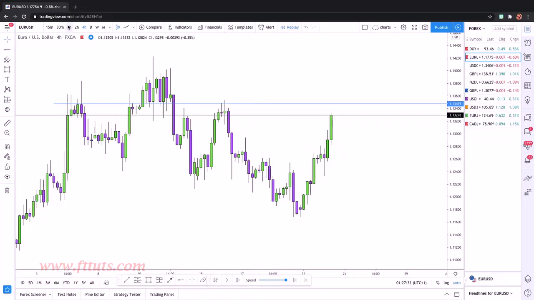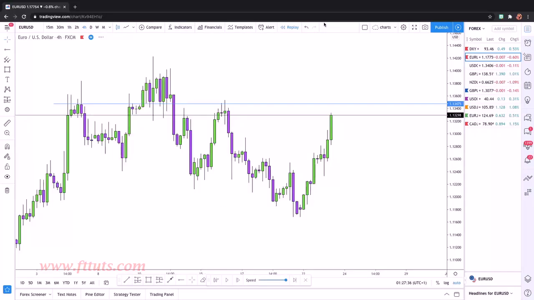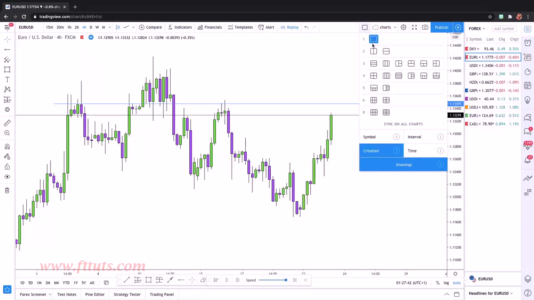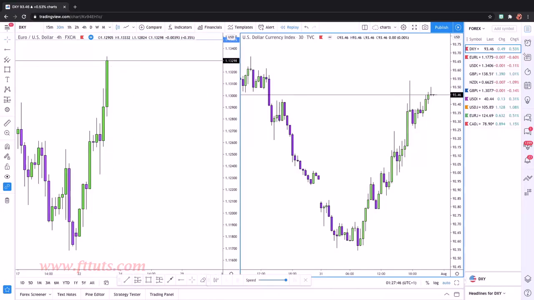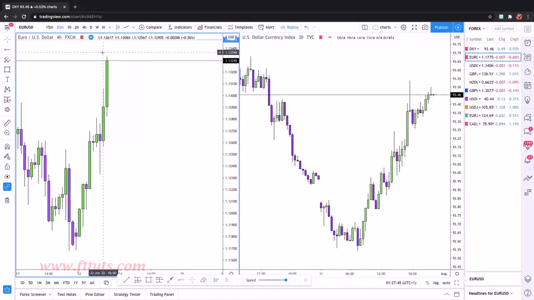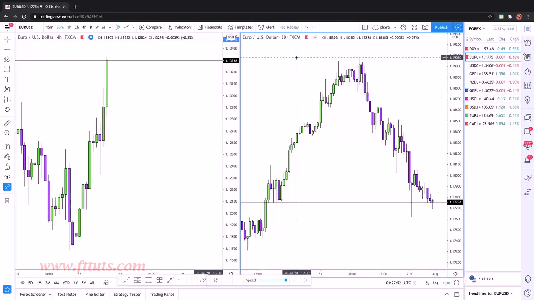So what we want to do is go on the lower time frames. And again, guys, you can split your chart if you have the pro version of TradingView, I think it's like $10 a month. You can just go like this, put Euro USD here and put this on the 15-minute.